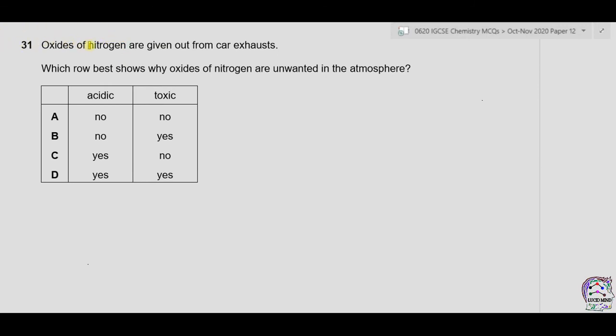Question 31. Oxides of nitrogen are given out from car exhausts. Which row best shows why oxides of nitrogen are unwanted in the atmosphere? First option is acidic and second option is toxic. Now we know that in the engine, nitrogen can react with oxygen to form oxides.